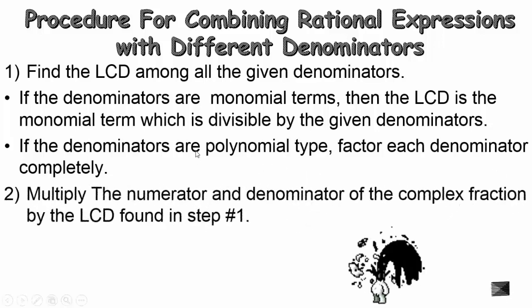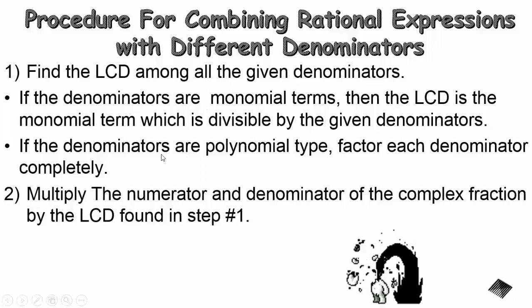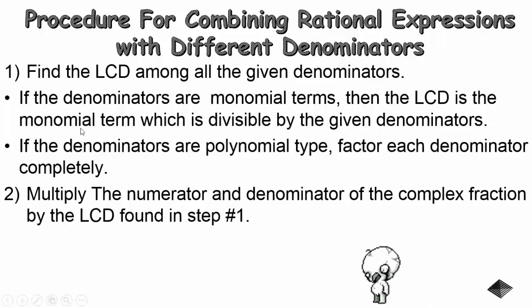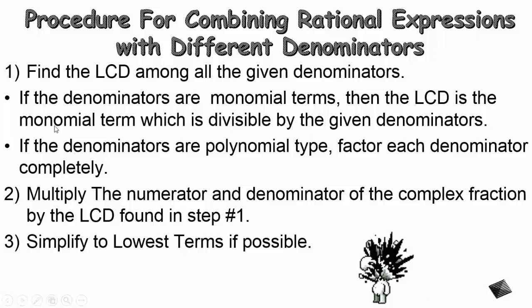So this should be sort of a review of finding a lowest common denominator. And then we multiply the numerator and the denominator of the complex fraction by the lowest common denominator that we found in our first step. And of course, we simplify to lowest terms. As I said, there are actually two ways of doing it. So let's look at an example.